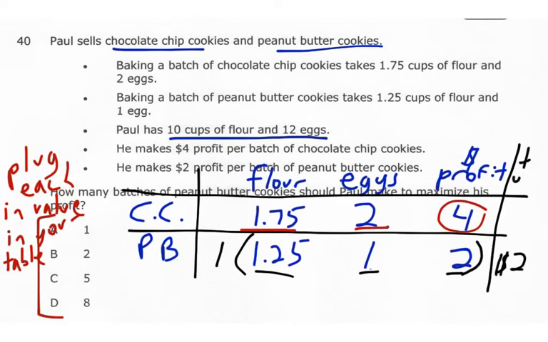And I'm just going to put total money here. I'm running out of room. Total money is $2. But how much do I have left? Well, if I've already used 1.25 cups of flour, and it says I have 10 cups, I just need to do 10 minus 1.25, and I have 8.75 cups of flour left. Right?